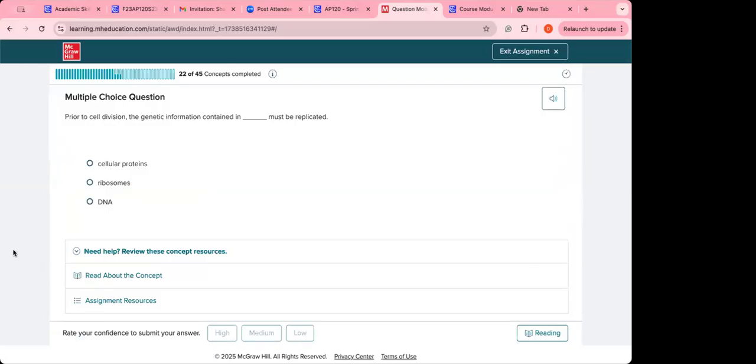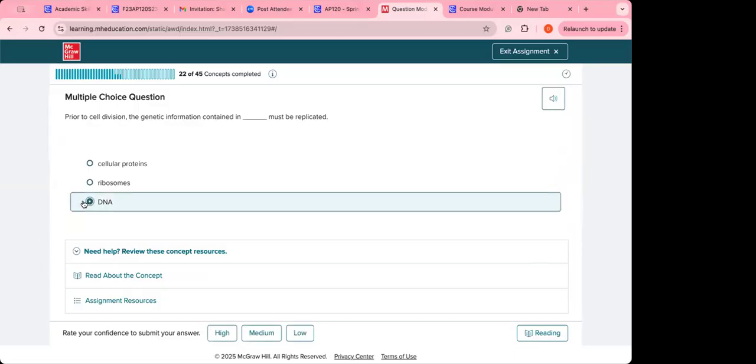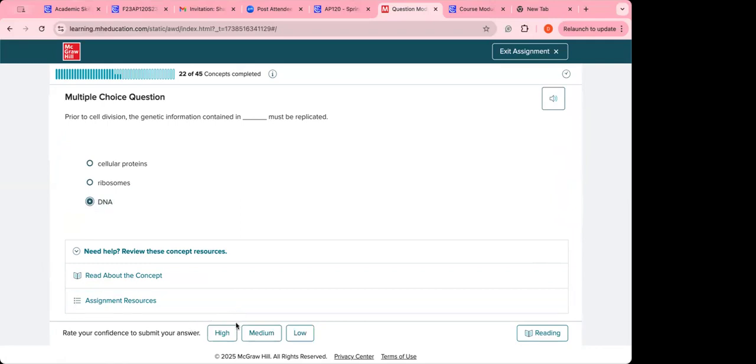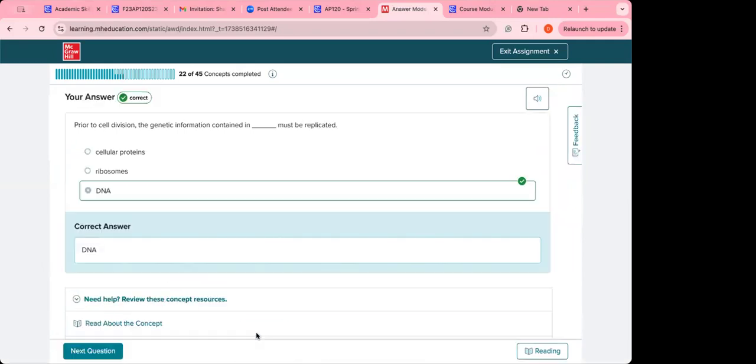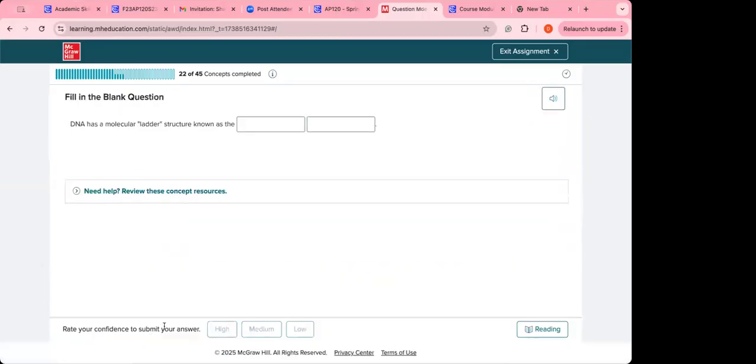Prior to cell division, I would say DNA must be replicated. You have to replicate it first before you divide it. You have to copy it before you split it.